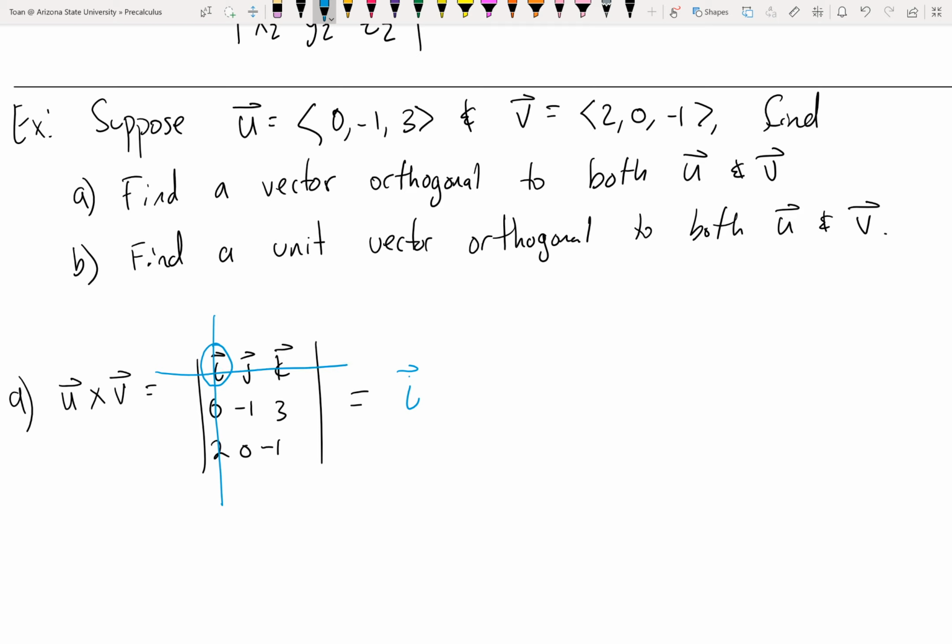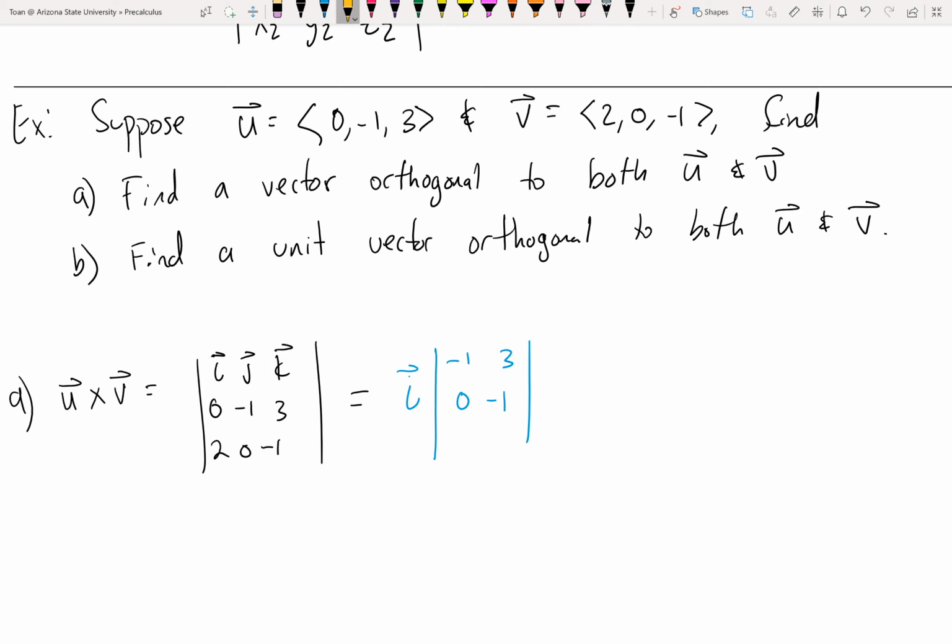Notice it creates a smaller 2x2 matrix right here. You find the determinant of the resulting matrix, which we call a minor. So -1, 3, 0, -1. So that right there is the first bit for the first term. And then you just rinse and repeat for every single term in the first row, alternating positives and negatives.